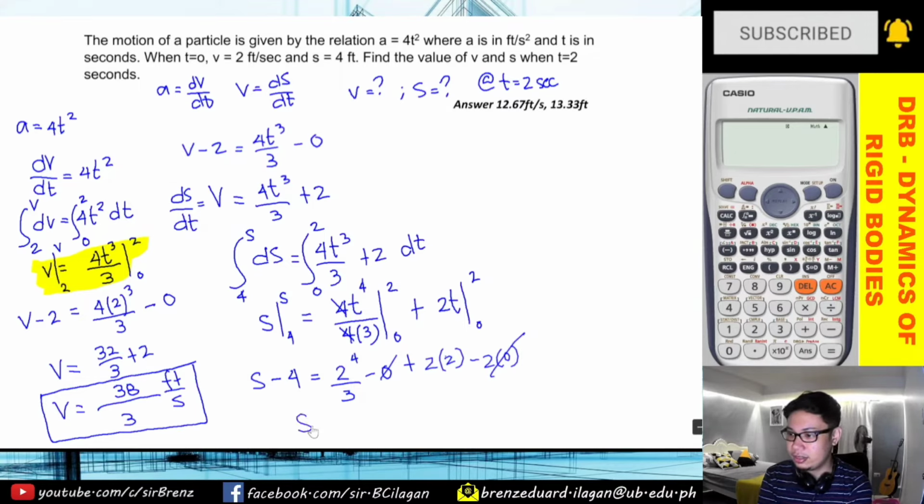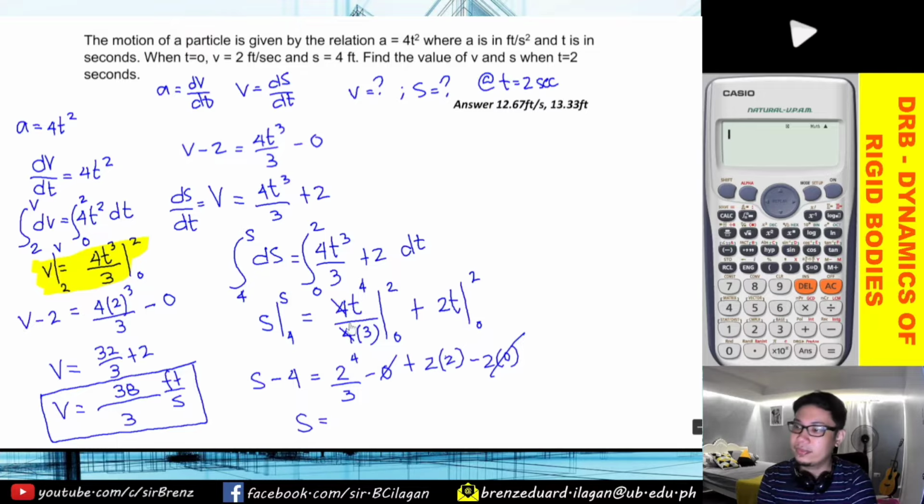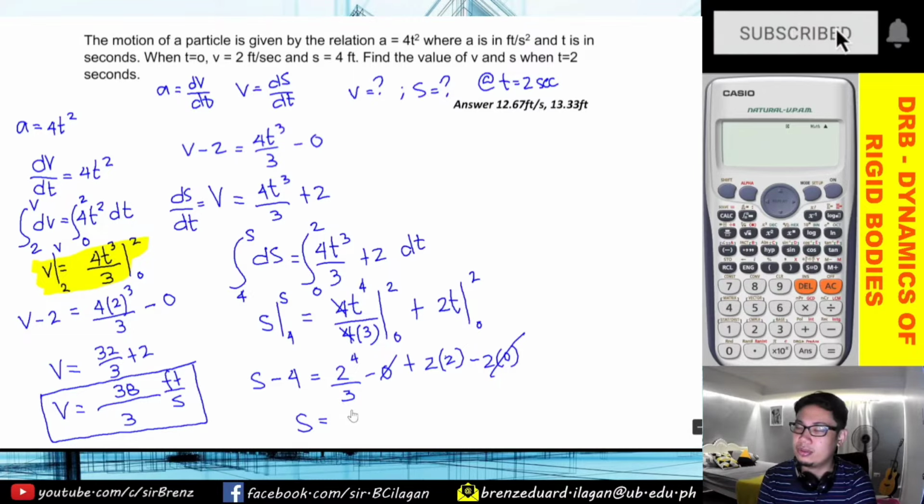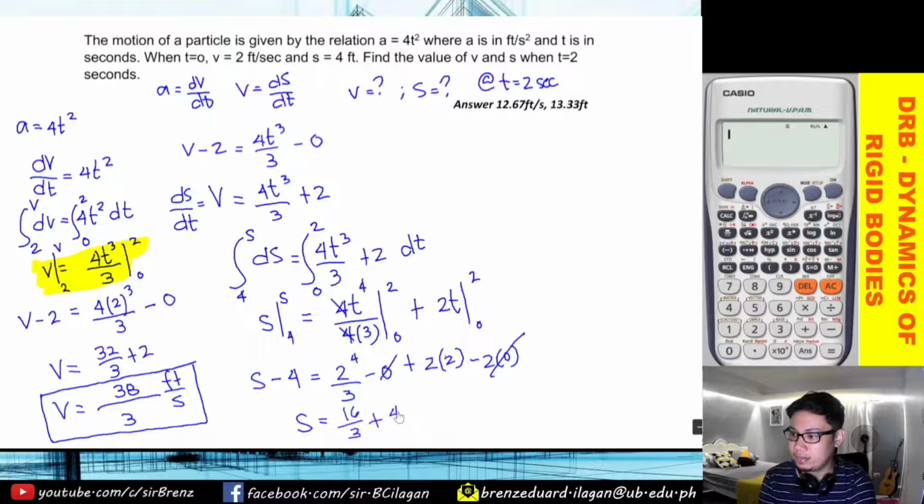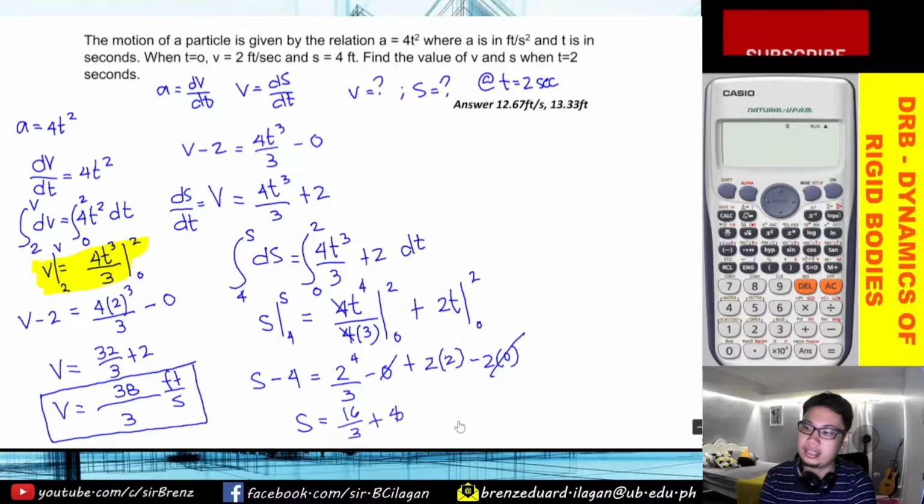So your S will be equal to 2 raised to 4. What is 2 raised to 4? 2 times 2 is 4, times 2 is 8, times 2 is 16. So 16 over 3, plus 4. And then I'll transpose this to the other side, so it becomes plus 4, and it becomes 8.